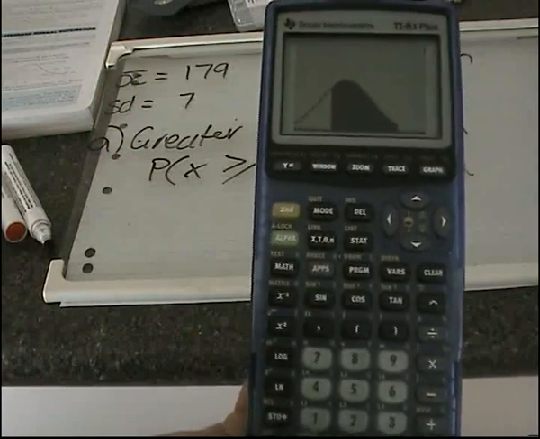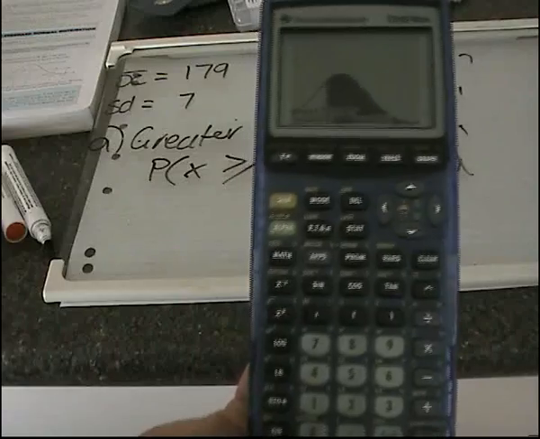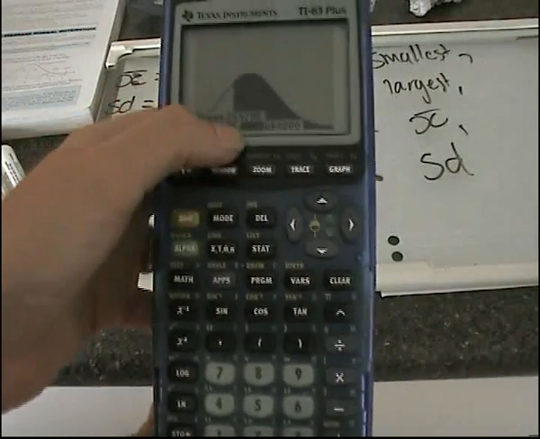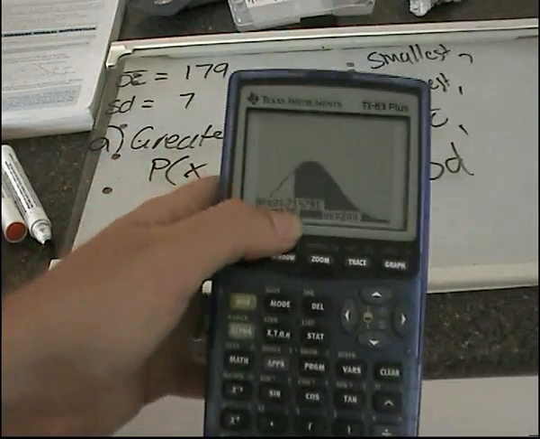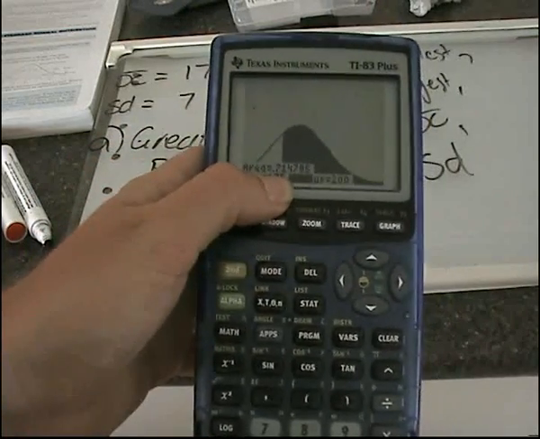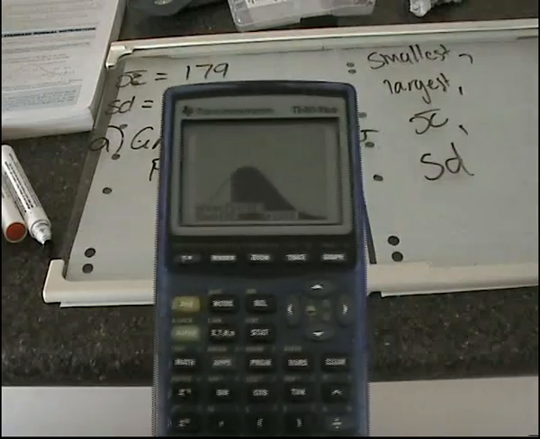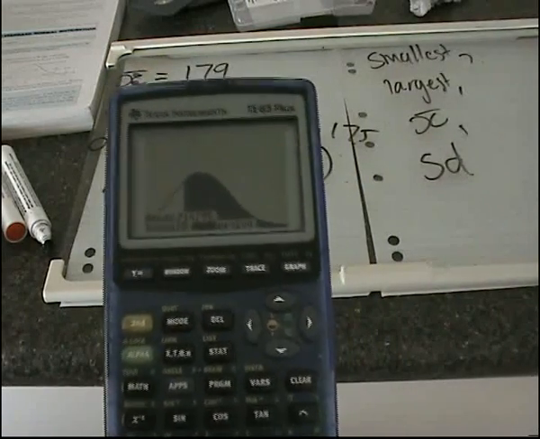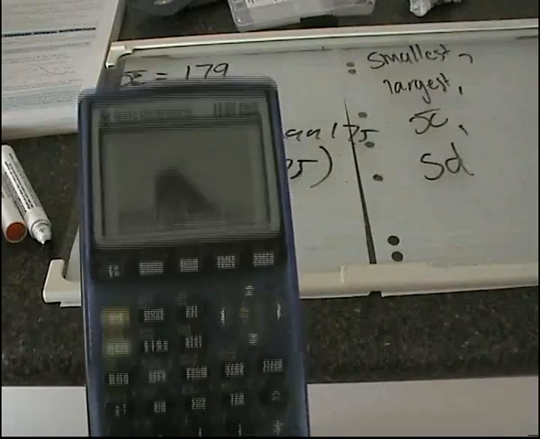Alright, and that's it drawn all the way to the tip. So it's showing me that 0.71 is the probability that someone is going to be greater than 175 or whatever we're talking about. And then the same way to clear that as well.